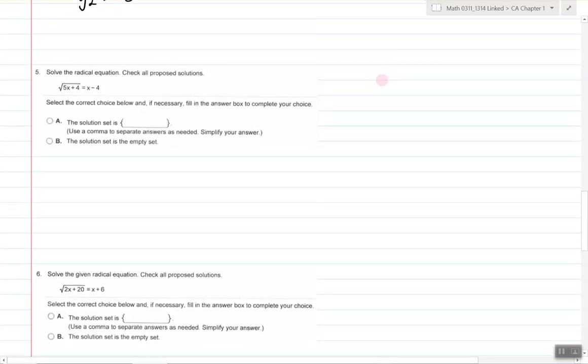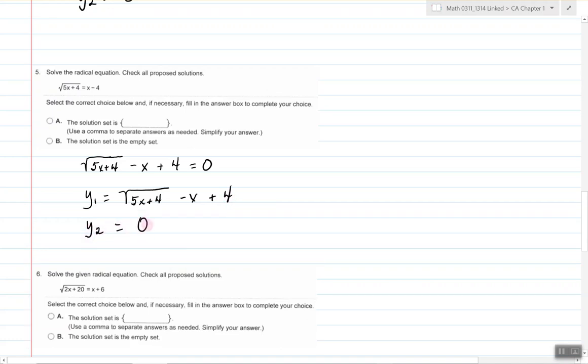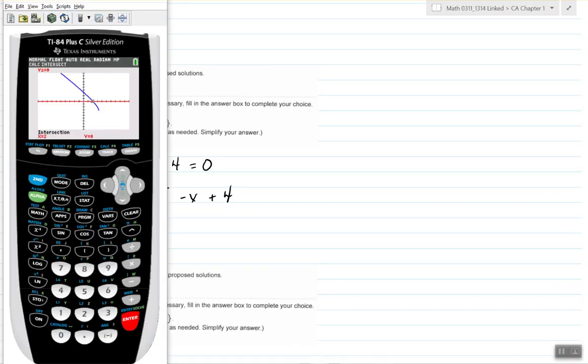All right, number 5. I have another radical, and I'm going to take it as the square root of 5x plus 4 under the radical, minus an x to bring that over, add the 4 equals 0. So I will set y1 equal to the square root of 5x plus 4 minus x plus 4, and y2 as 0. And I'm expecting some kind of branch. So here we go.